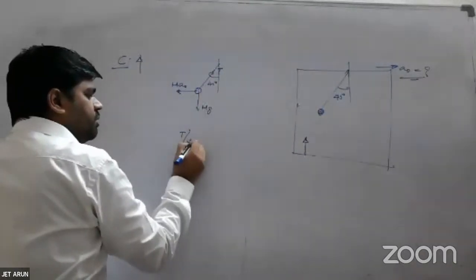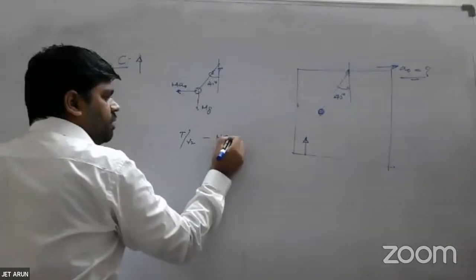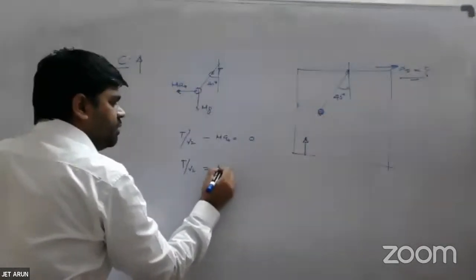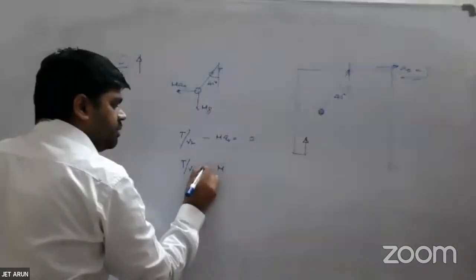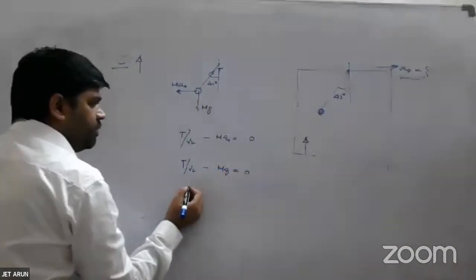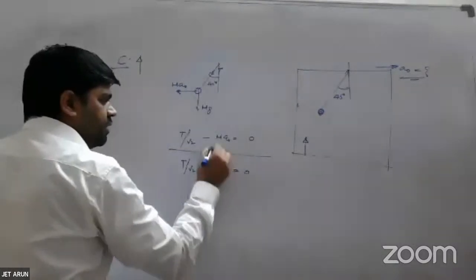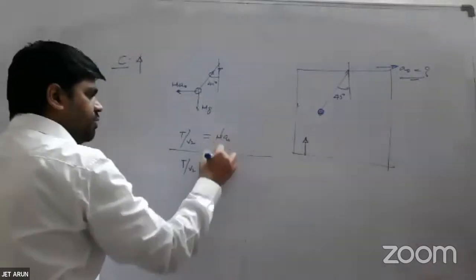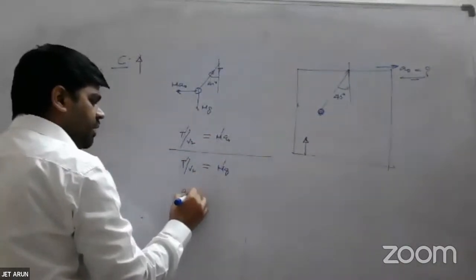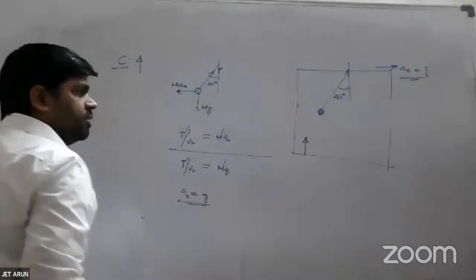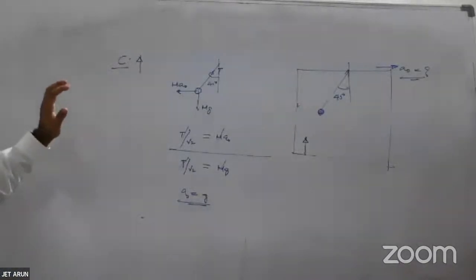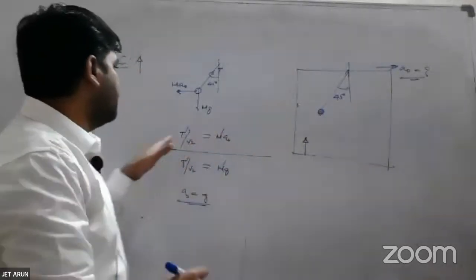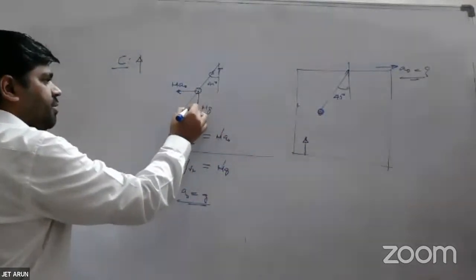So T by root 2 minus m a naught is equal to 0. T by root 2 is equal to mg. I equate these two. I divide these two, m gets cancelled out, T gets cancelled out. a naught is equal to g. So if it moves with an acceleration g, I'll have mg and mg root 2 diagonally, which is counterbalanced by T.